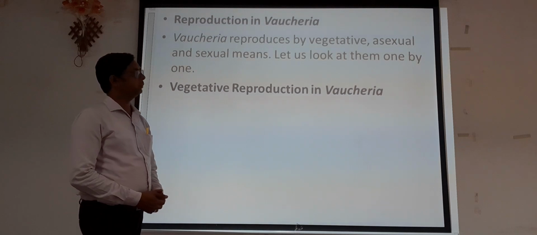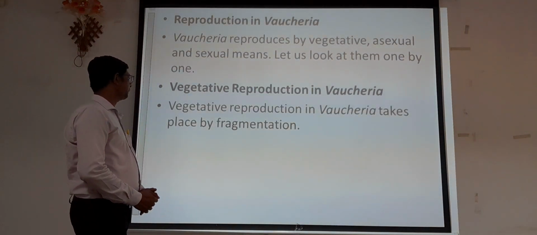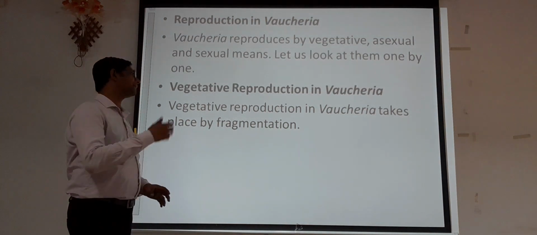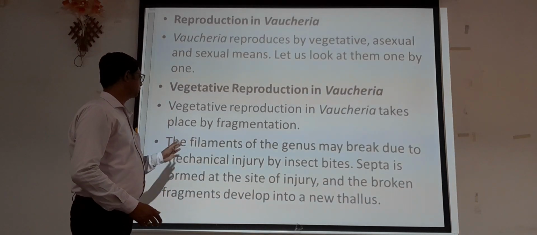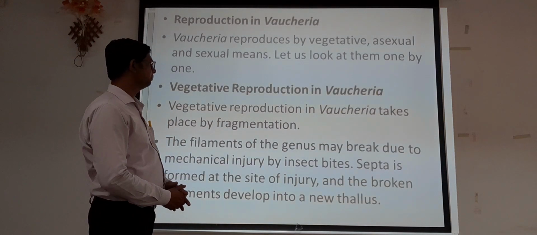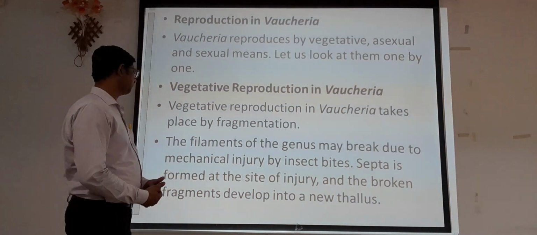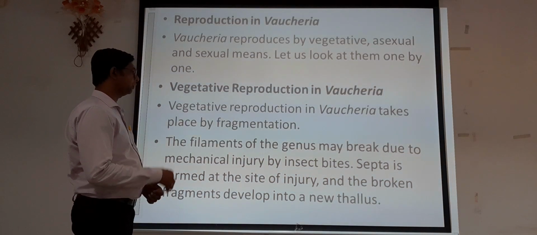So, vegetative reproduction in Vaucheria. This takes place by fragmentation. Along with fragmentation, accidental breakage is also one of the methods of vegetative reproduction. The filaments of the genus may break due to mechanical injury or by insects. A septum is formed at the site of injury and the broken fragments develop into a new thallus.